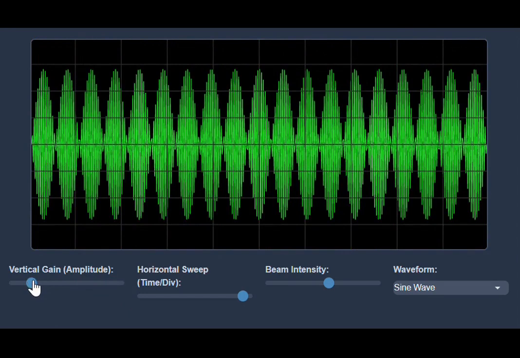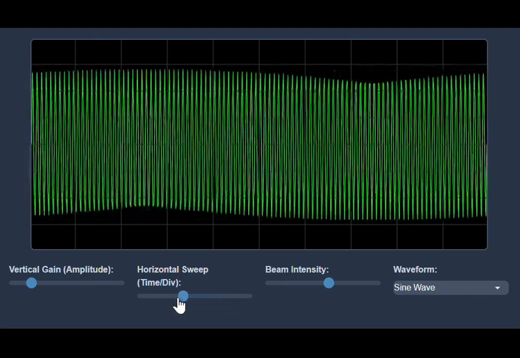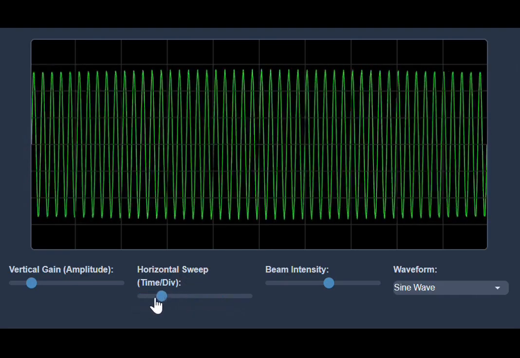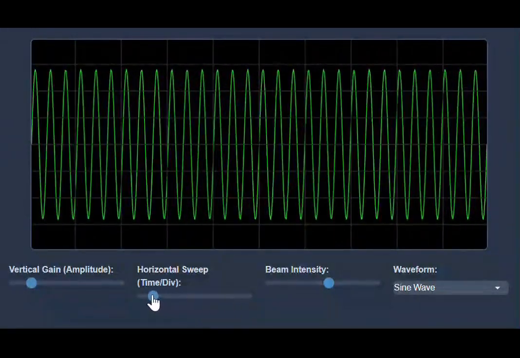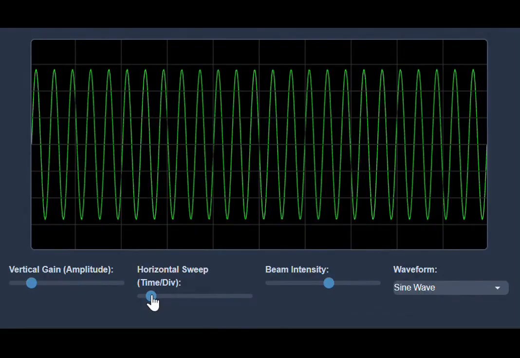Now come to the next point, the horizontal sweep. How does the graph look? This is a sine wave, but it cannot be understood well. Horizontal sweep controls the speed of the electron beam sweep.